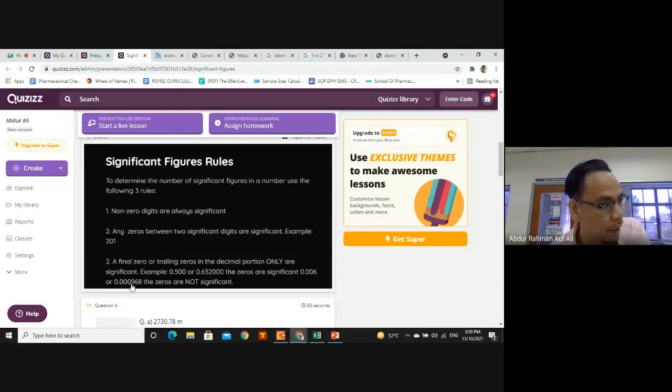Bukan bermaksud dia tak penting, but kalau kamu nak buat kerja-kerja calculation, significant figures ni penting kalau kita nak bundarkan the values. Okay, so kita tak boleh bundarkan nombor di depan ni. So that's why dia tidak significant. Okay, bukan bermaksud dia tak penting ataupun kita boleh abaikan dia. Significant here means it is significant to the rounding of the values.